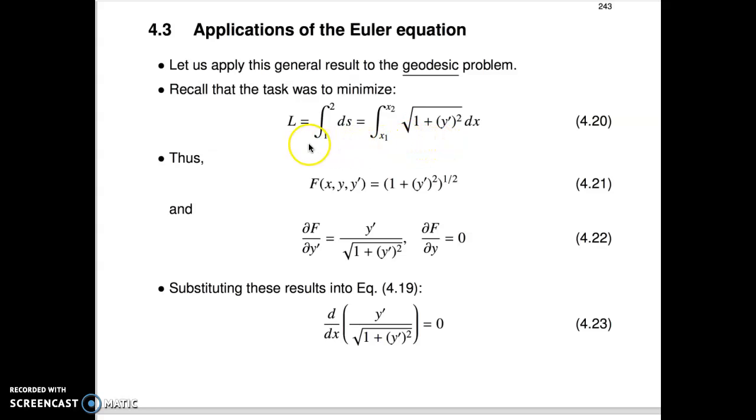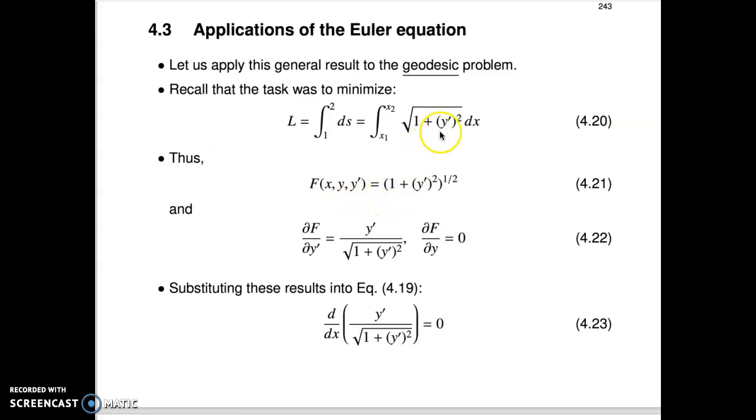So remember, we said that if you want to calculate the length of a curve described by a function between x1 and x2, that can be written as an integral. The integral with respect to x between x1 and x2 of the square root of 1 plus the square of y primed. So what we have here is a problem where, remember we talked about in the derivation of the Euler equation, the function big F?